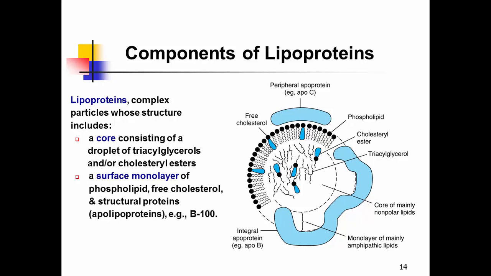Also very important are the surface structure proteins, which are apoproteins, right? We have different types of apoproteins on the surface of the lipoproteins, and these apoproteins play a very important role in terms of lipoprotein function.